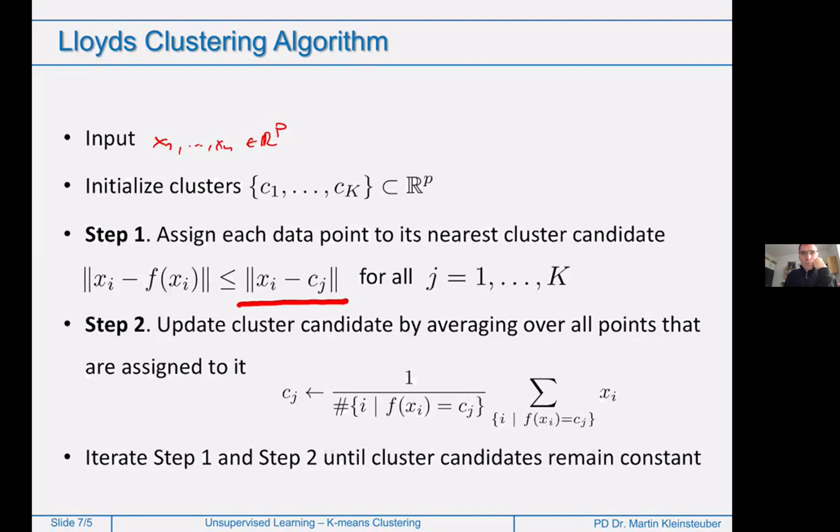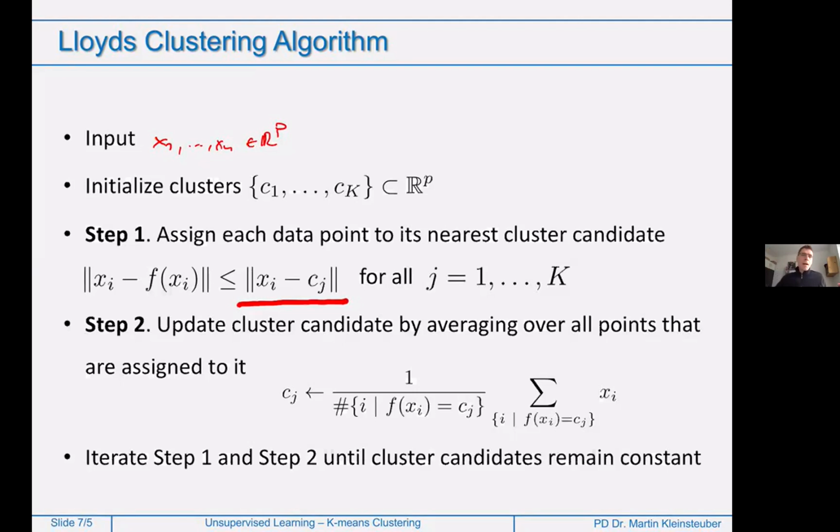Once you've done that, you update each cluster candidate by averaging over all points that are assigned to it. So you take all points that lie in one cluster, take the average of these points, and assign it to the new cluster j. And that's it actually. Then you iterate step 1 and step 2 until the cluster candidates remain constant.